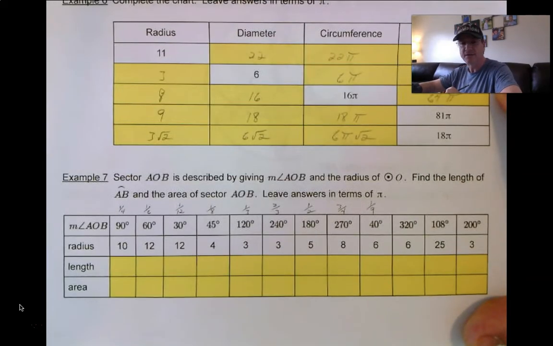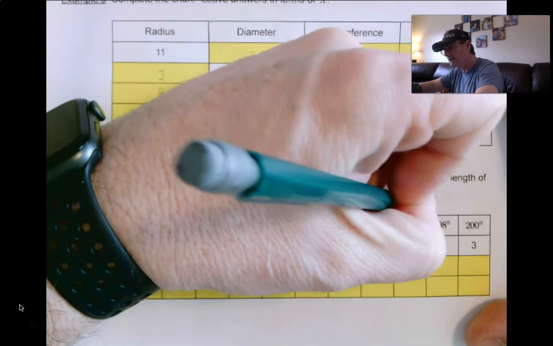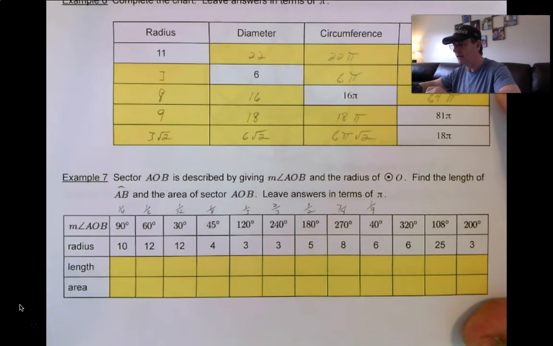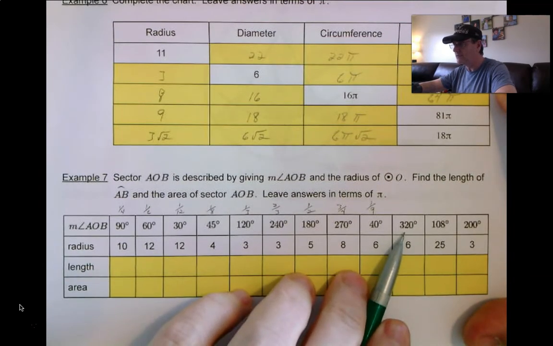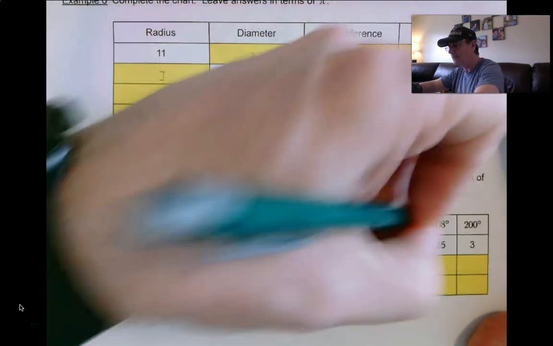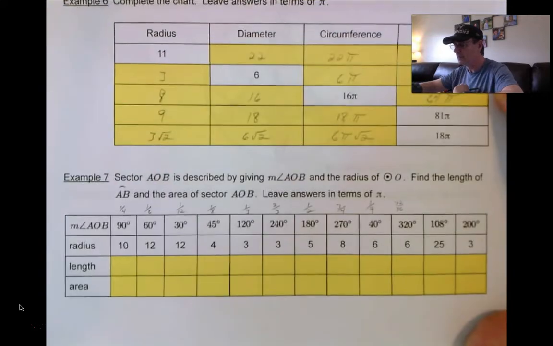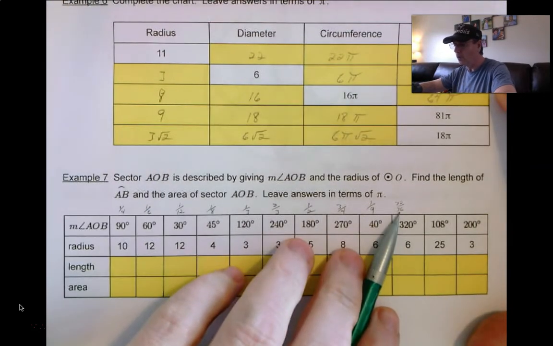320 over 360 is 32 over 36. They both reduce down by 2, giving us 16 over 18, which is going to reduce down again. Let's see, 32 over 36. They both reduce down by 4.